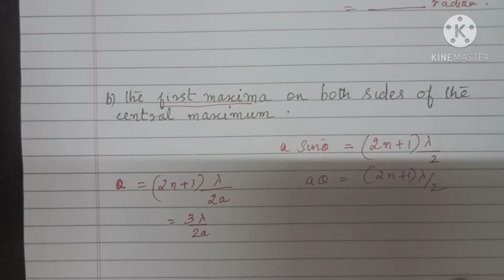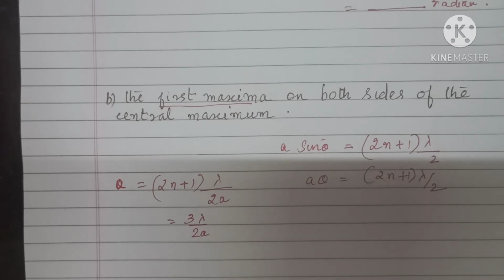So this is the value for theta, that is the angular separation you are finding. Now you can substitute the values. One more thing: this is the expression for theta, and you are asked to find the first maxima on both sides of the central maximum. If it is on both sides, one more theta will be there in the lower portion also, isn't it?